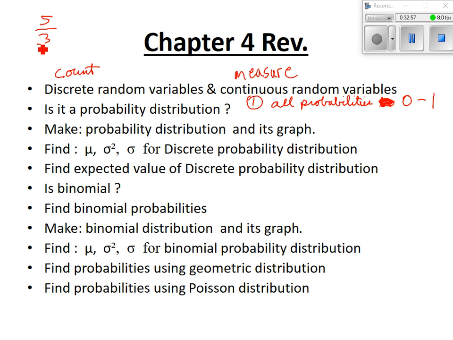That's not possible. If you see a probability that's larger than 1, not possible. What if I gave you this as a probability, -1/5? Not possible. The second thing for something to be a probability distribution is that all of them add up to how much? 1. All of them have to add up to 1.